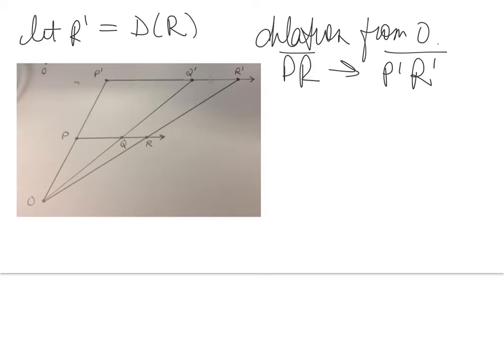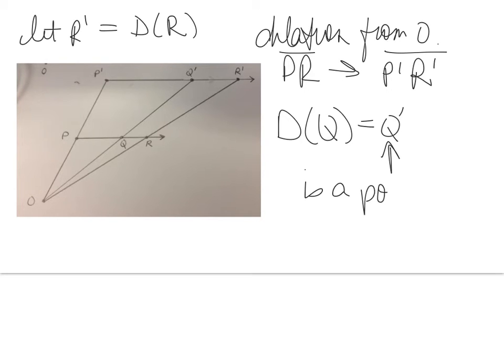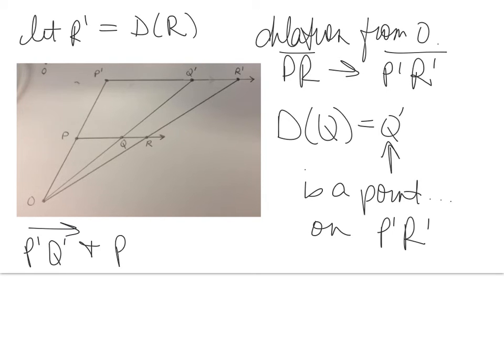Also by the dilation theorem, we know that the dilation of Q equals Q prime. And Q prime is a point on what? On segment P prime R prime. Dilation theorem tells us that too. Therefore, the ray P prime Q prime and the ray P prime R prime must be the same ray. And they are. We see it right here. PQ is the same as PR. We can name it either way and it wouldn't matter.